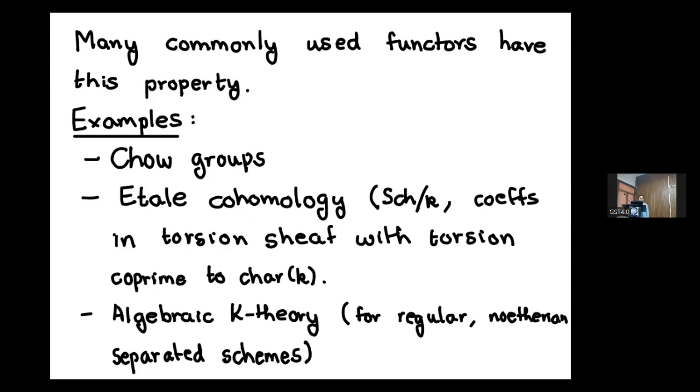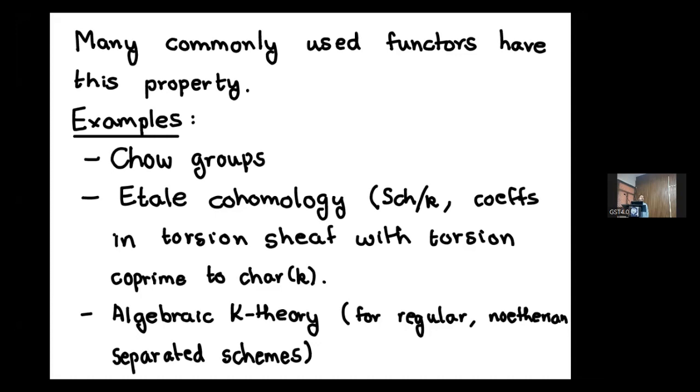Also, algebraic K-theory, which I believe you are going to be running some workshops on. If you look at this over regular Noetherian separated schemes, this will also be A1 invariant. My point is simply that these A1 invariant functors occur naturally, and that is why this thing is interesting.